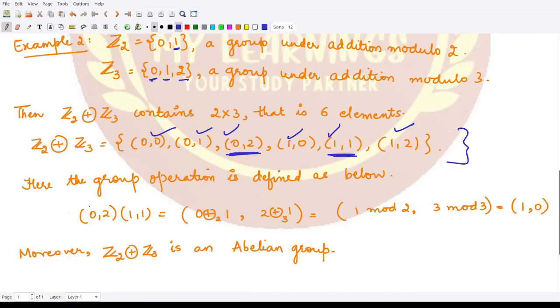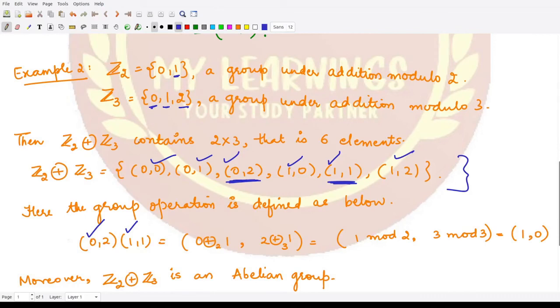Firstly we apply the group operation with respect to the first elements in both tuples. So we have 0 and 1, and the group operation is that of the first group, Z2, which is addition modulo 2. We add 0 and 1, which is 1, and then take mod 2. So 1 mod 2 is 1 only. This is our answer.